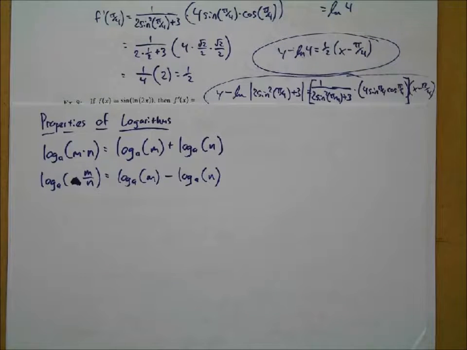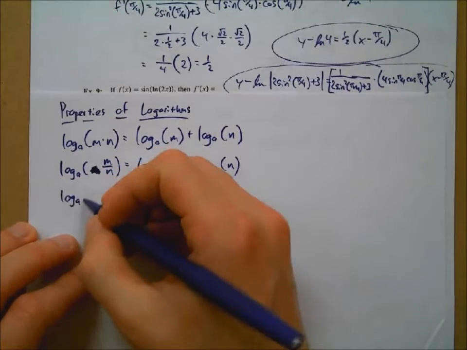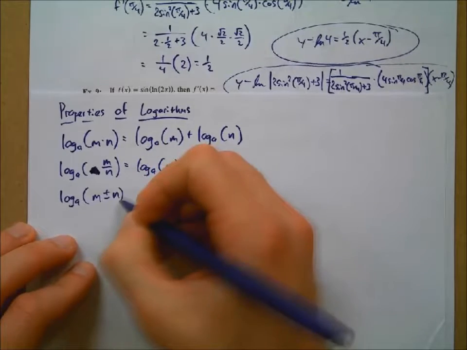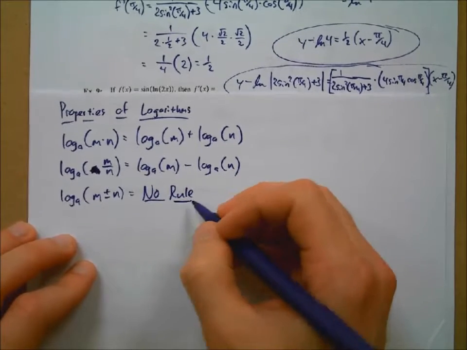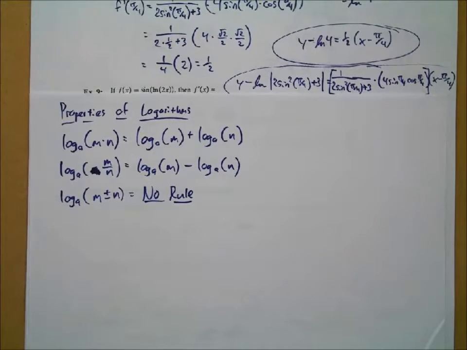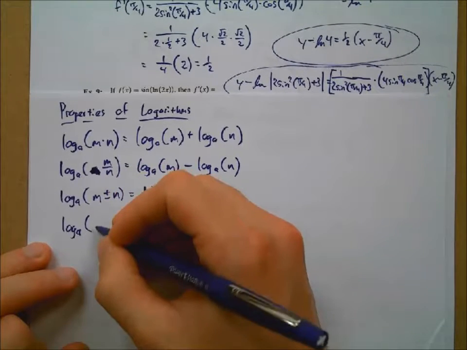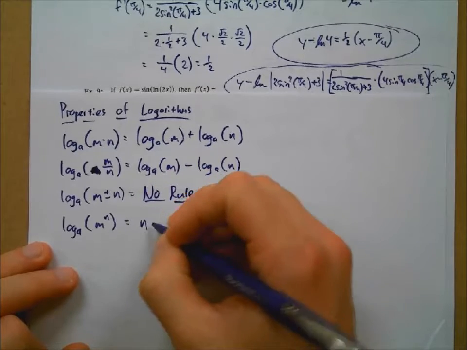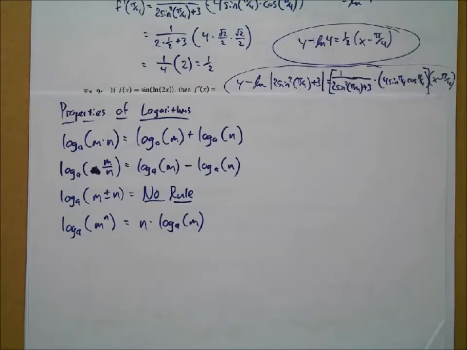Log base a of m divided by n is equal to log base a of m minus log base a of n. Log base a of m plus or minus n: no rule. No simplification. And then log base a of m to the n equals n times log base a of m. Just as a quick refresher of some of your properties.